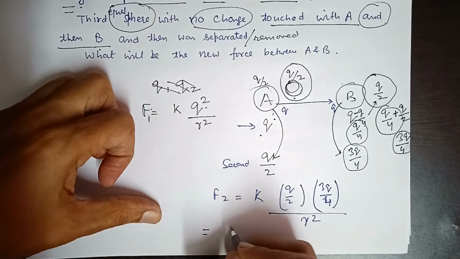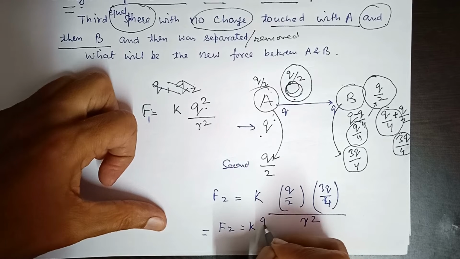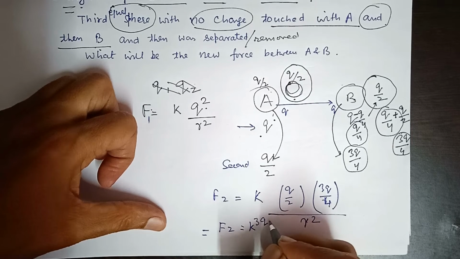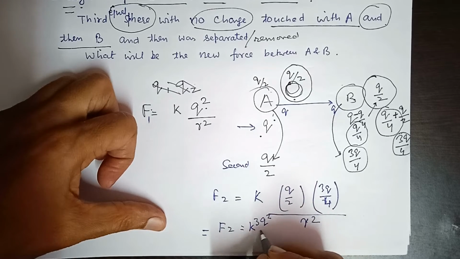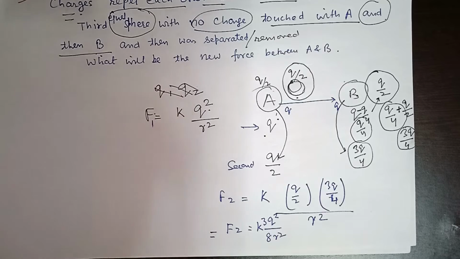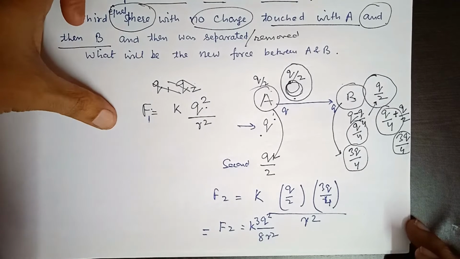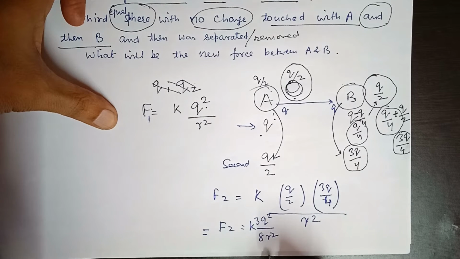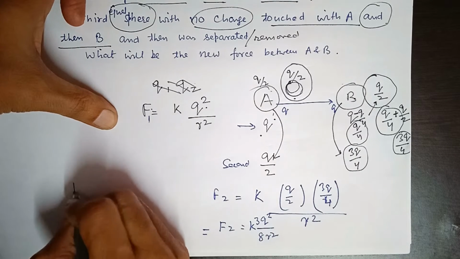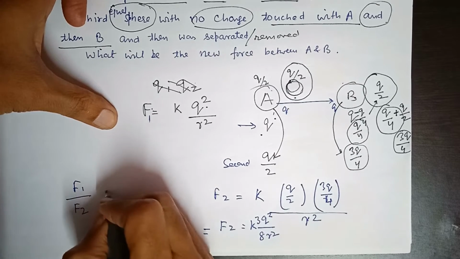Then F2 will become K 3Q square divided by 8R square. And what will be the ratio of F1 by F2?